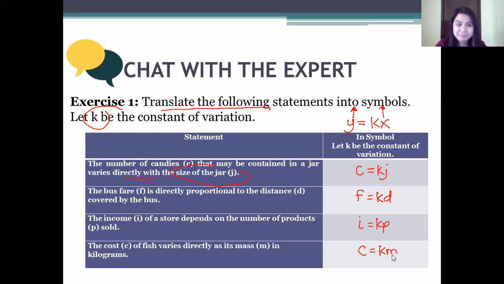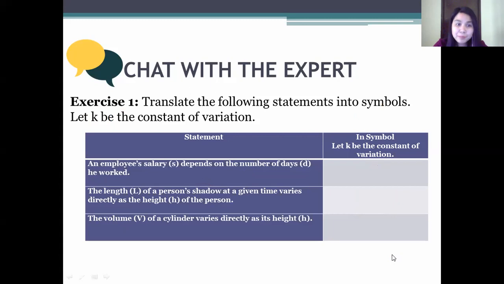The next one. An employee's salary depends on the number of days he worked. How will you write it? Ready in the chat box? Very good. S is equal to KD. Very good, Carmela. Next, the length of a person's shadow at a given time varies directly as the height of the person.